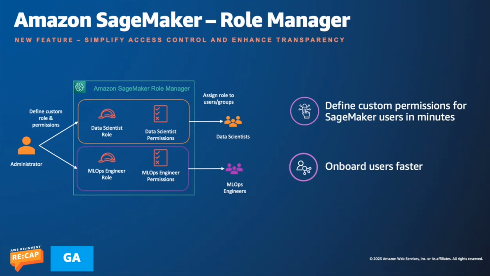For example, you may have a data science role and an MLOps engineer role, with different permissions, and each of these individuals or groups may have a different set of activities. Now you have the capability to provide this fine-grained and simplified access control across different teams with Role Manager.